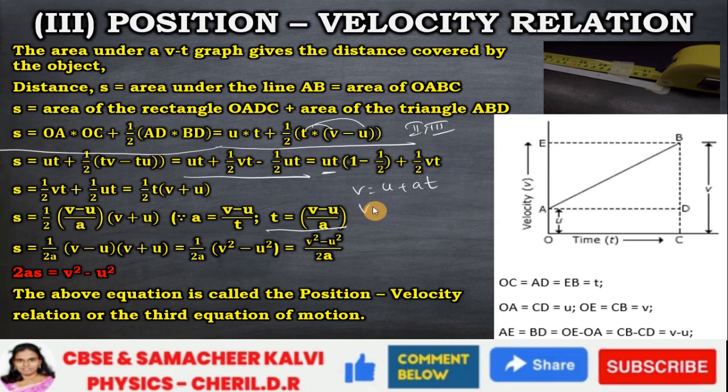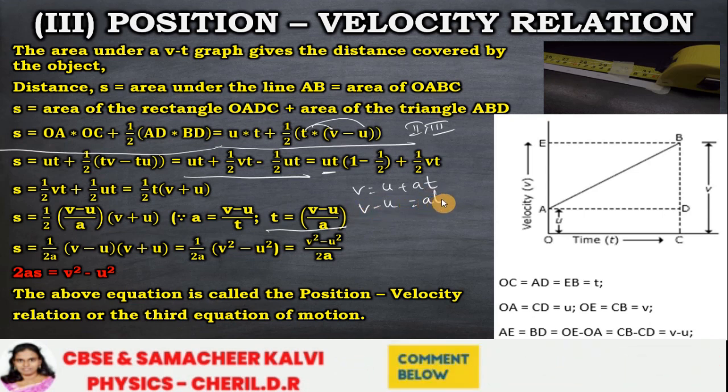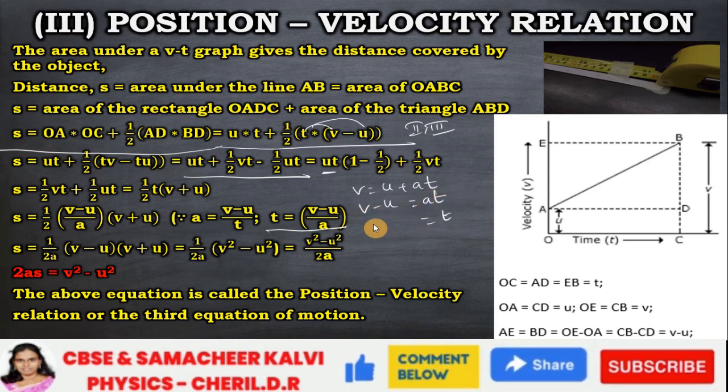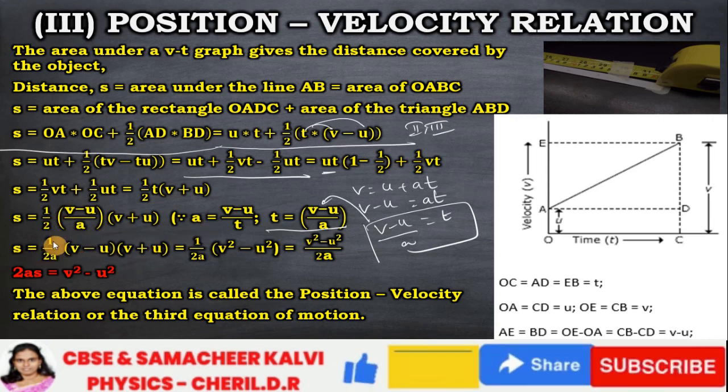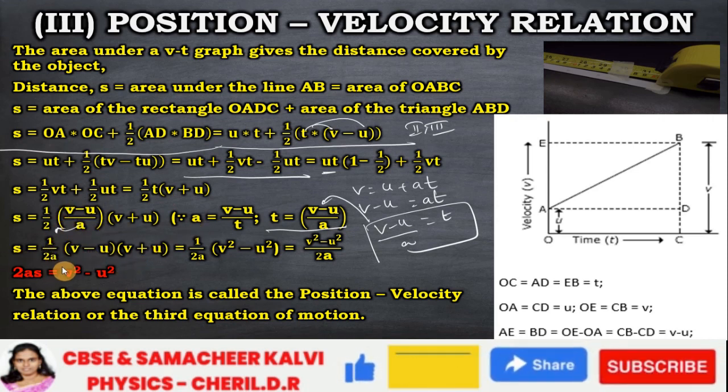If you want at, it is v minus u is equal to at, and when you want t, it is v minus u by a. Substituting this, and taking the a outside, it is 1 by 2a into v minus u into v plus u, which will be v square minus u square. Thus we are able to derive the three equations of motion.